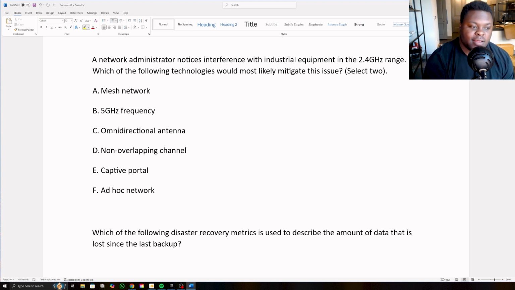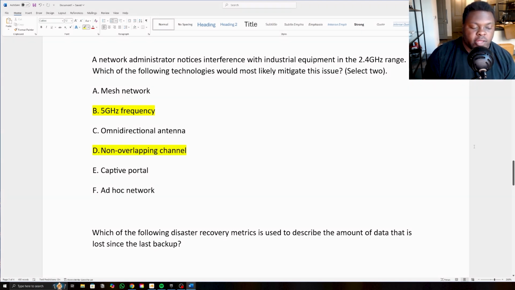This is a decentralized network. Again, it doesn't really tackle the issue that we have with the question. I'm gonna go with answer choice B, which is known to have less interference with industrial equipment, and answer choice D, non-overlapping channels.